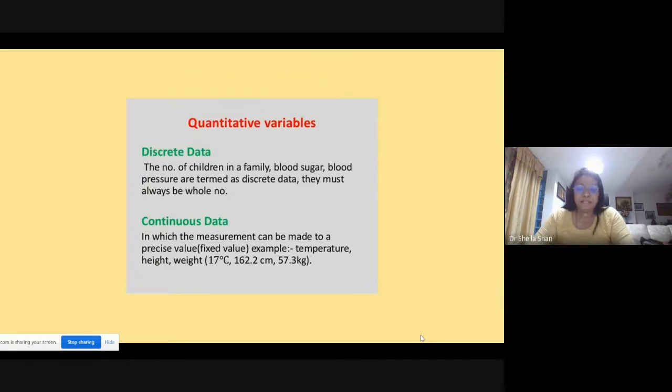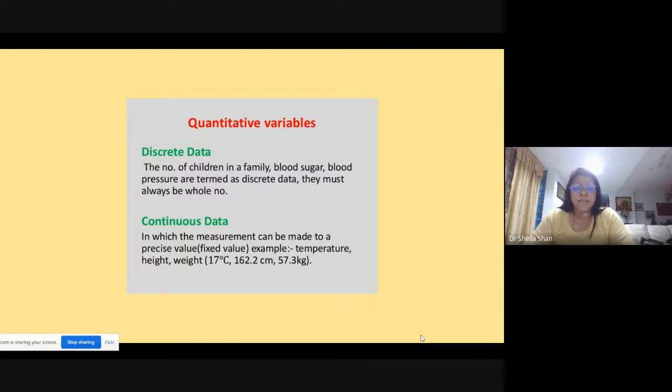What is discrete? Very simple. Discrete means you don't have any in-between number, like 5 children, 6 children, 3 children. You don't have 3.5. They are considered discrete data. They must always be whole numbers.